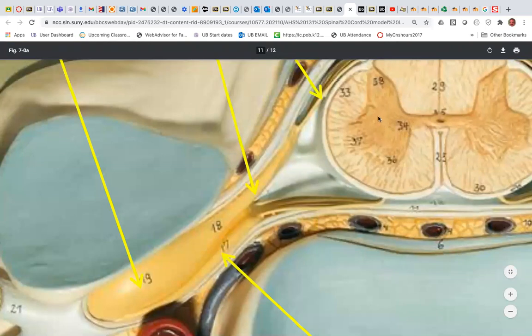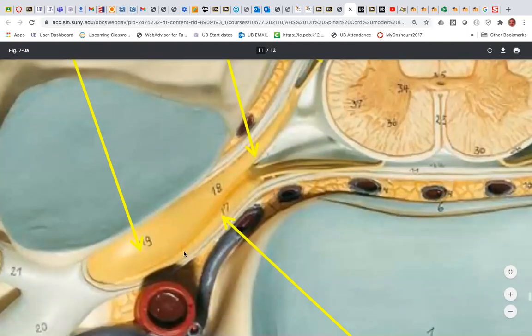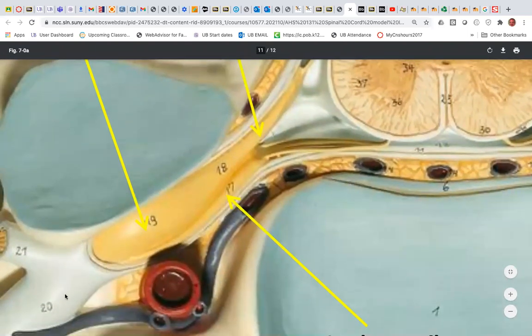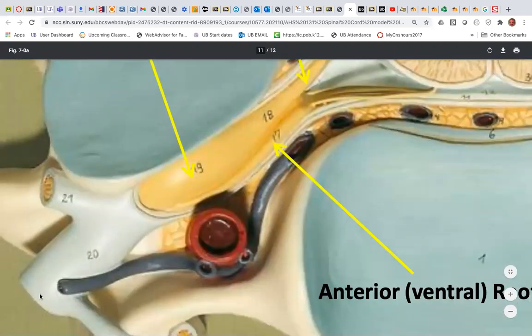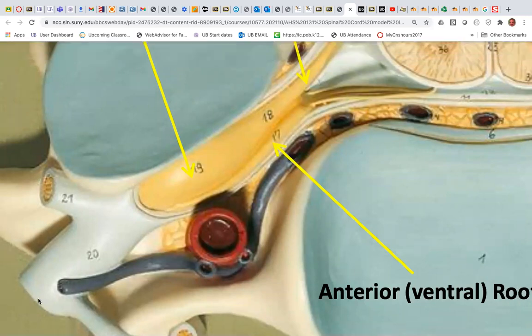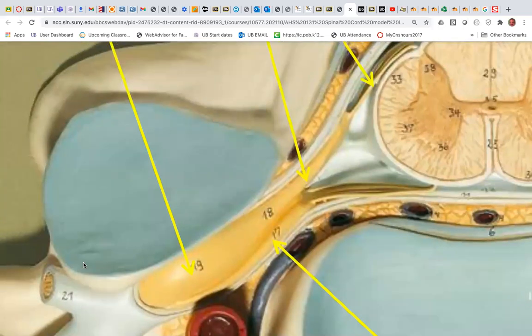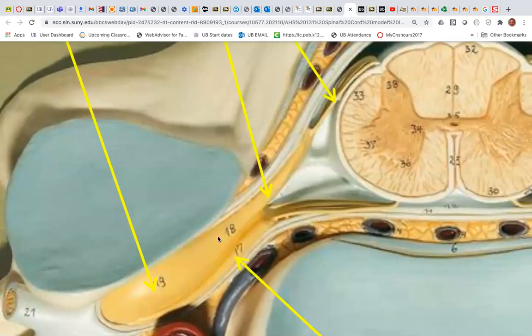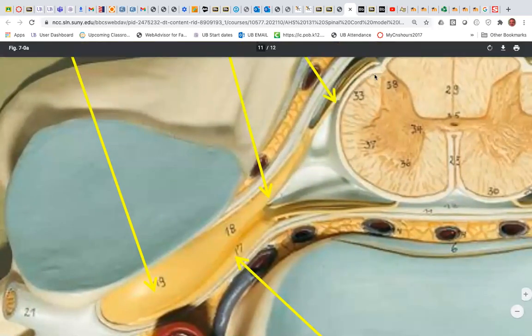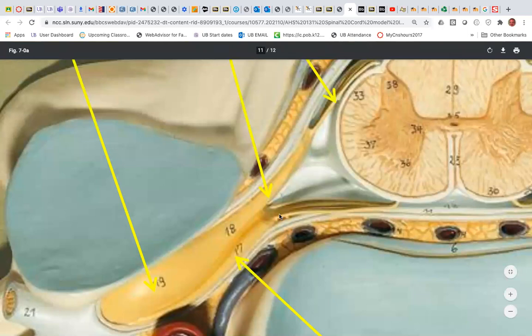And then it says, okay, let's send out a motor command, motor information coming out here, and we're going to eventually send it out here, and this nerve is going to lead to your biceps and makes your biceps contract. All right, so it's kind of like a reflex. Sensory data comes in and motor information comes out.